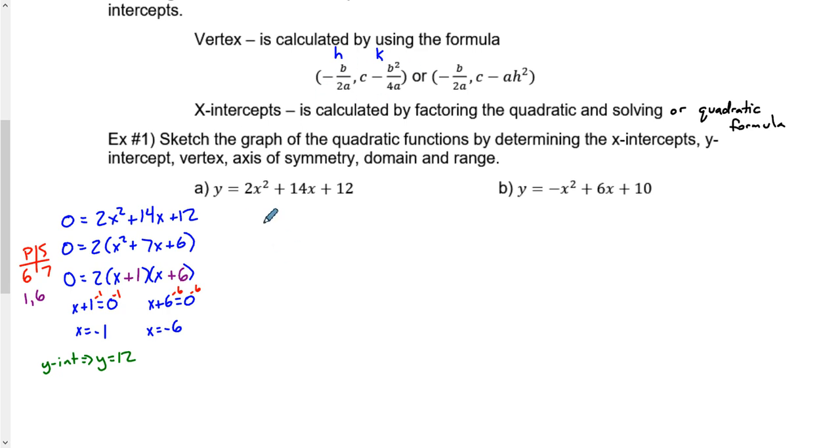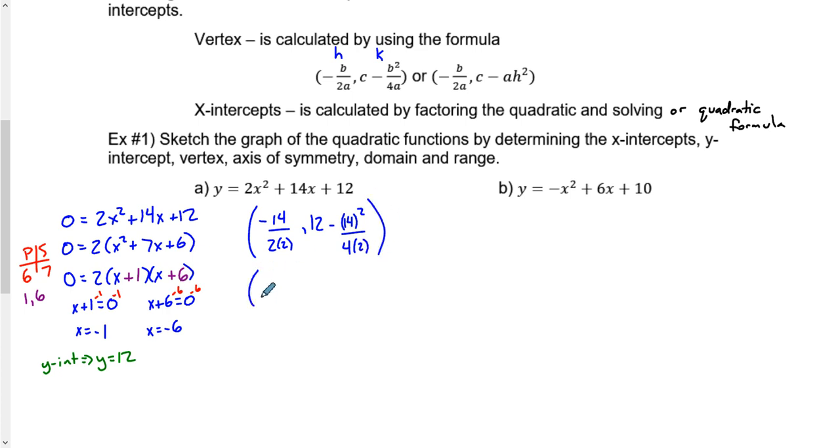We'd have to take negative of our b, so negative 14 over 2 multiplied by 2, which is our a. Our c value, which is 12, subtracting our b squared, so 14 squared divided by 4 times our a, which is 2.